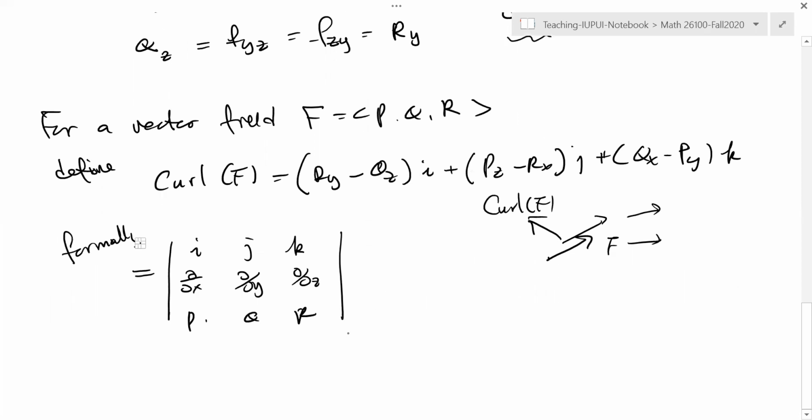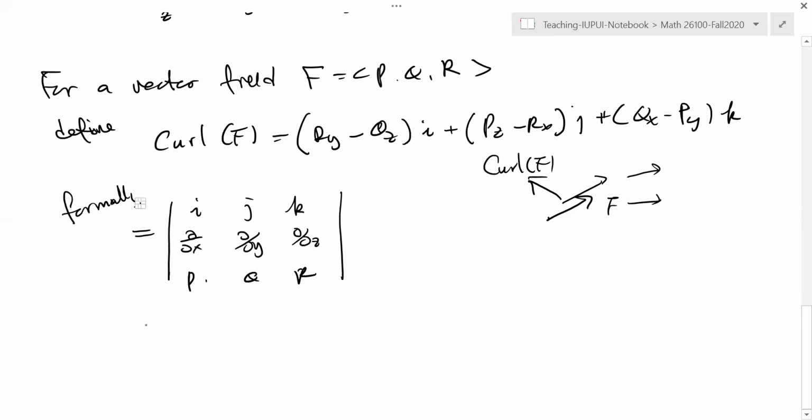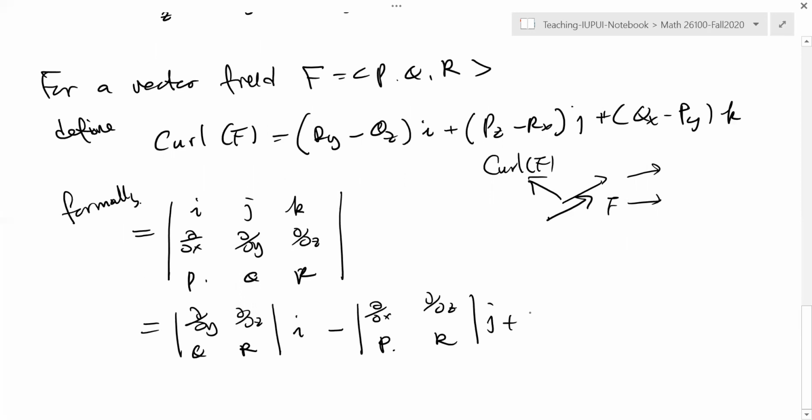Then you can compute the components of any vector. This is a vector, okay. So for example, the i part will be Q R times i, and the j part will be, just delete the second column, the first row, P and R. And the last one will be P and Q, times k, okay?